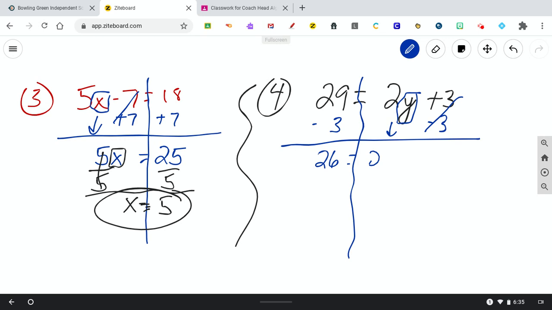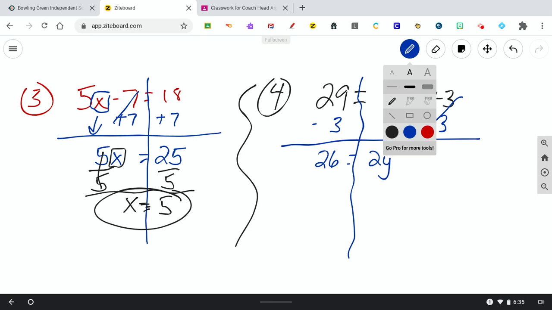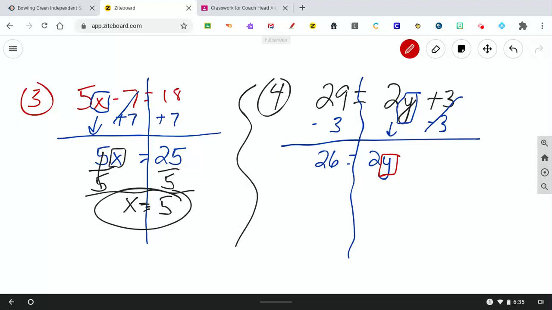I bring my 2y down. Okay. Now again, trying to get this y by itself. So I'm going to divide both sides by 2. That cancels. 26 divided by 2 is 13. There we go. y equals 13.